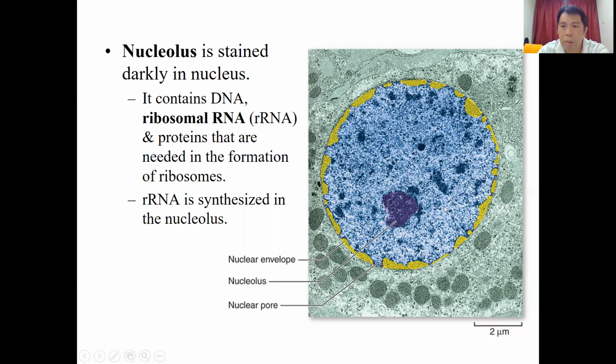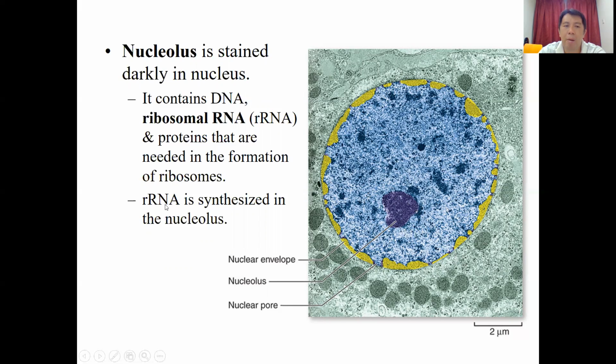The protein is actually synthesized outside, that means in the cytoplasm. Then after that, it is transported into the nucleus through the nuclear pore. And then these proteins will bind with the rRNA, or ribosomal RNA, to form the ribosomal subunit.